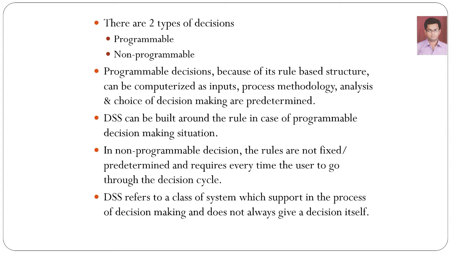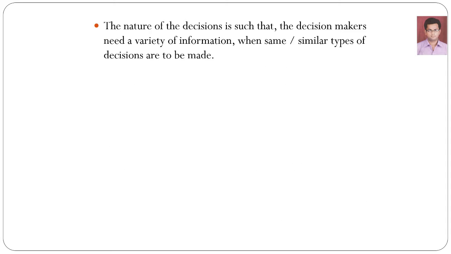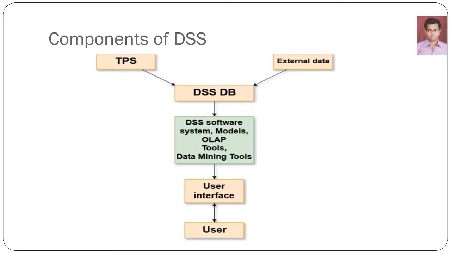In non-programmable decisions, the rules are not fixed or predetermined, and require the user every time to go through the decision cycle. DSS refers to the class of systems which support the process of decision making and does not always give a decision itself. The nature of the decision is such that the decision makers need a variety of information when similar types of decisions are to be made.